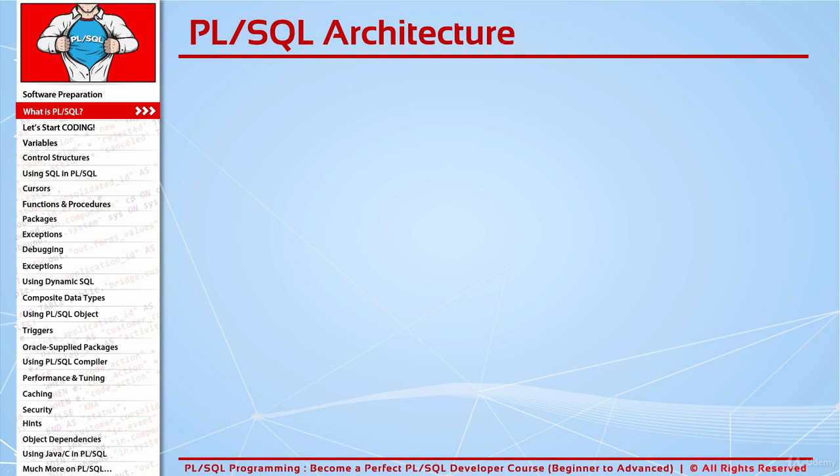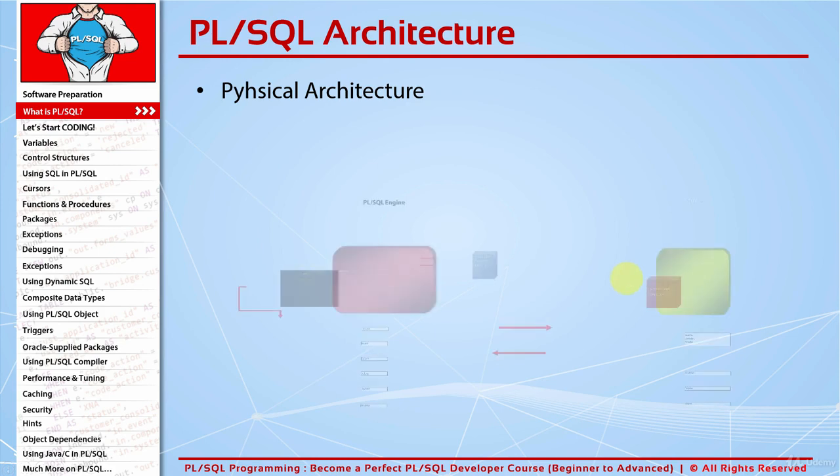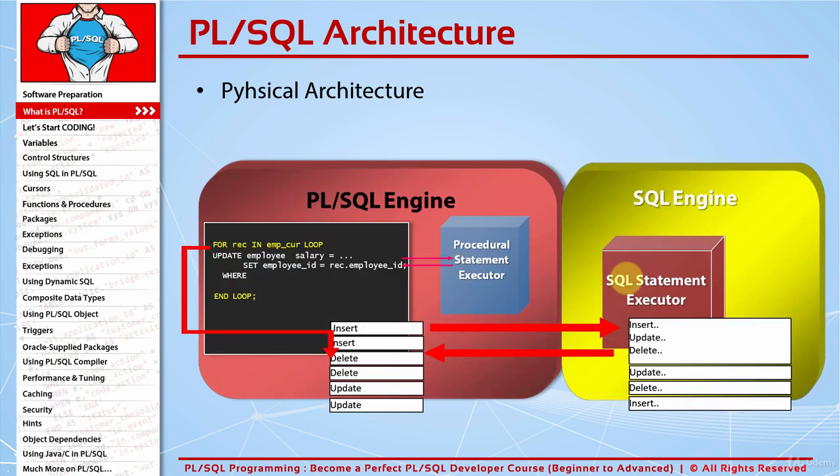We can think of the architecture in two parts, physical architecture and logical architecture. Let's start with the physical architecture then. Let's remember our previous PLSQL engine schema first. In Oracle database, there is an SQL engine that operates your SQL queries and returns data to the client.